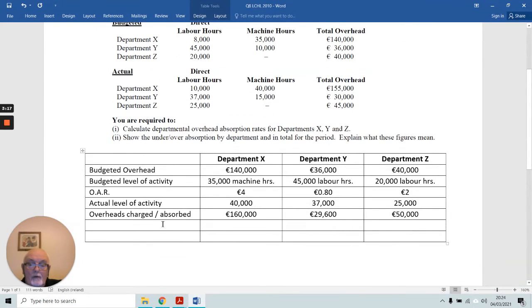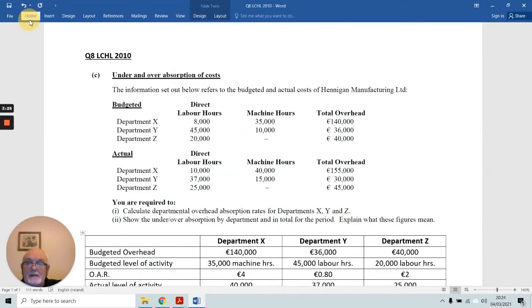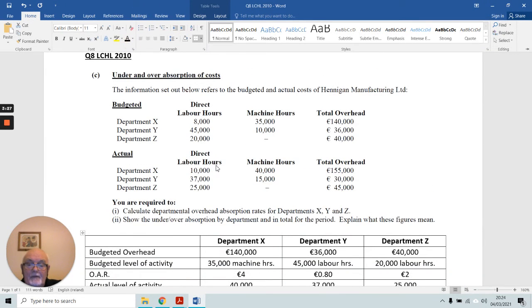Now, let's look at what the overheads were in actual fact. How much at the end of the year had we actually spent on overheads in the three departments?